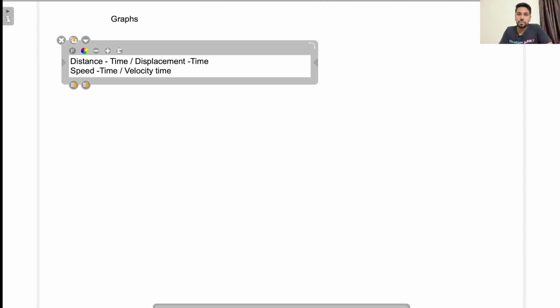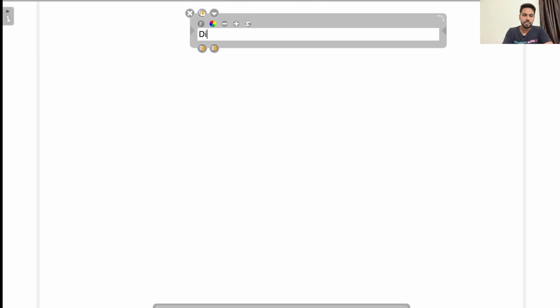As I told you, you will understand these graphs with a real life example, which will make you understand the whole concept very clearly. First, let me work with my distance time graph, or my displacement time graph.